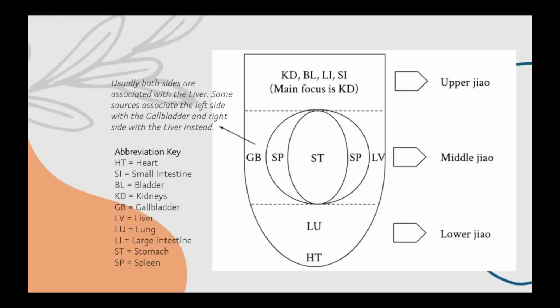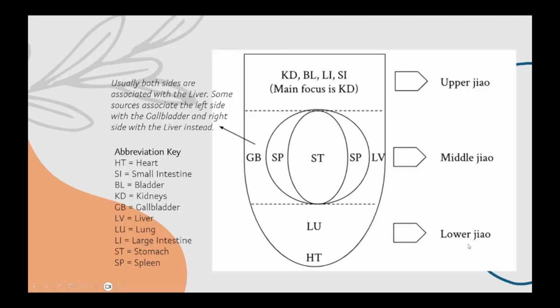And this is a map of the organs and which areas of the tongue are associated with each major organ. You can also more broadly just look at the three areas of the tongue being associated with each of the jiao, or areas of the body.